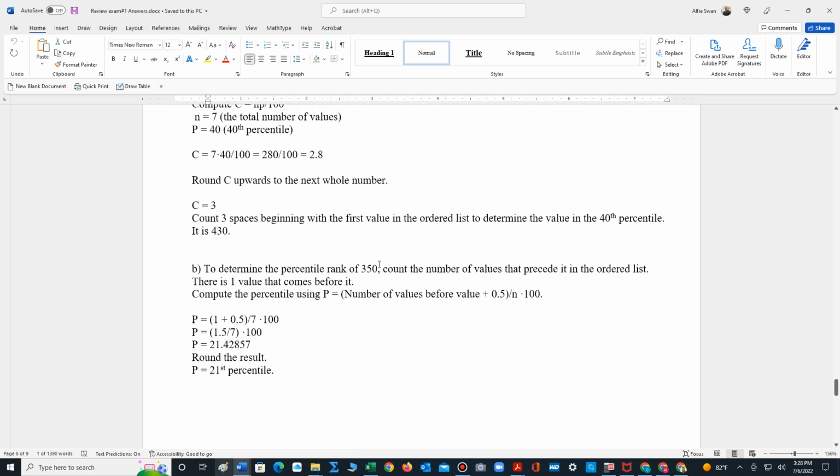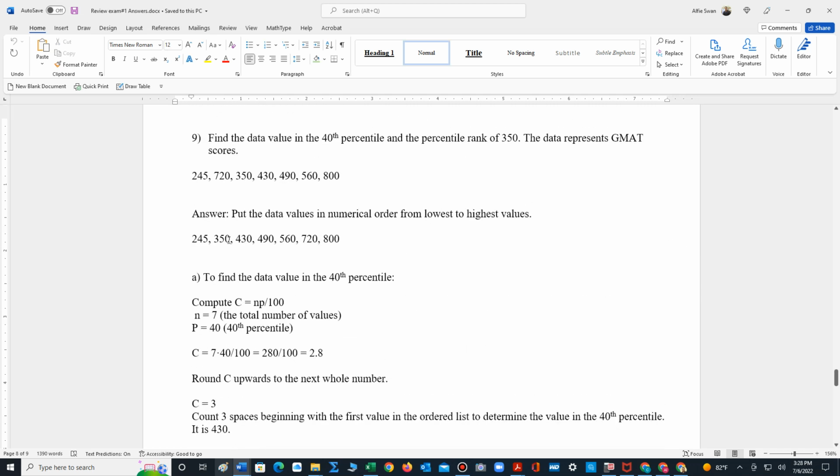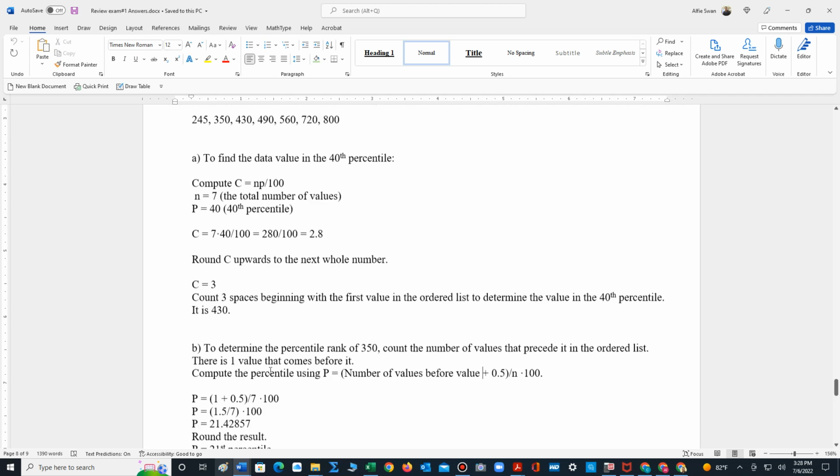For part B, we have a formula to compute the percentile. It's the number of values below 350, plus 0.5, over n, times 100. So how many values precede 350? Well, there's only one.